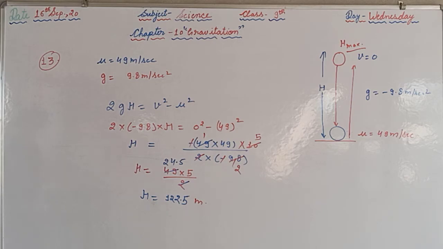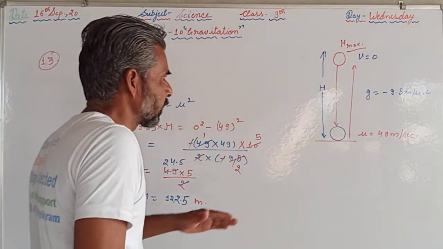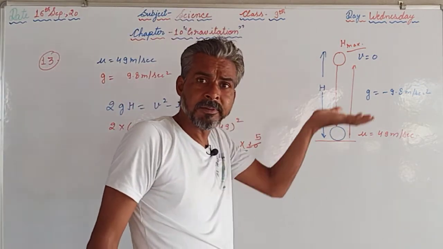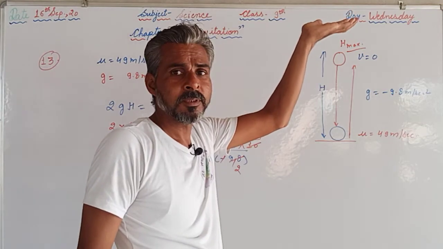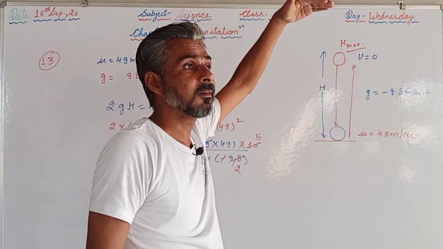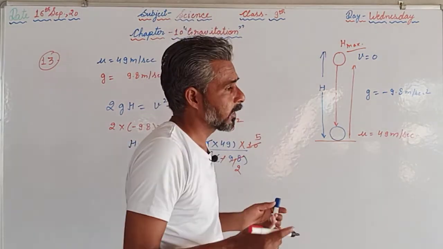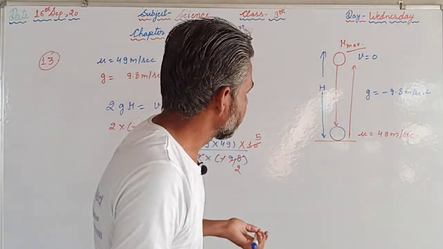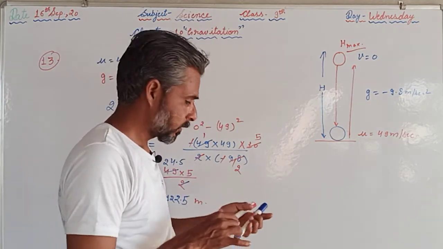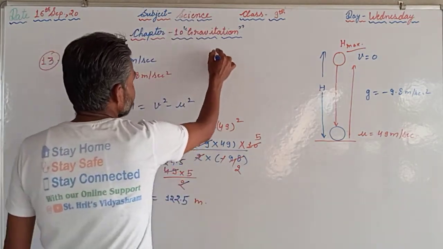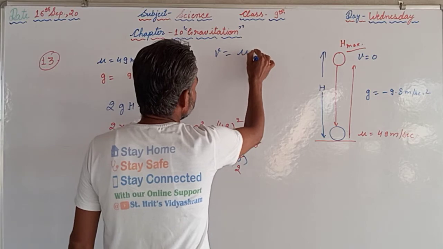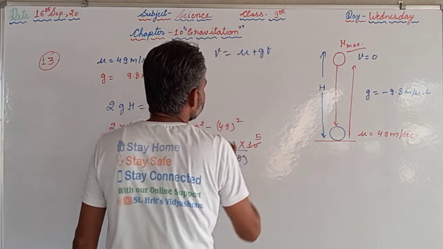Afterwards we are supposed to find the total time taken to return to the surface of the earth. The time taken in reaching the maximum height will be equal to the time taken from the maximum height to the surface again. So we can find the time by the other equation, v is equal to u plus gt.